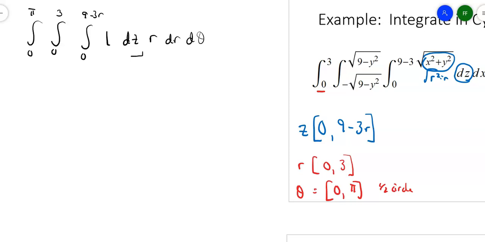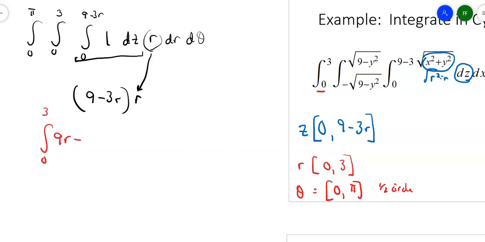So let's do the inside one first, and I end up with just a 9 minus 3r, right? If I'm integrating with respect to z, I'll get a 9 minus 3r. Now that 9 minus 3r gets multiplied by that r. So my second integral becomes the integral from 0 to 3 of 9r minus 3r squared.